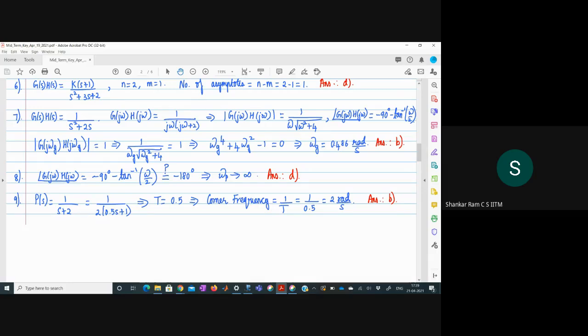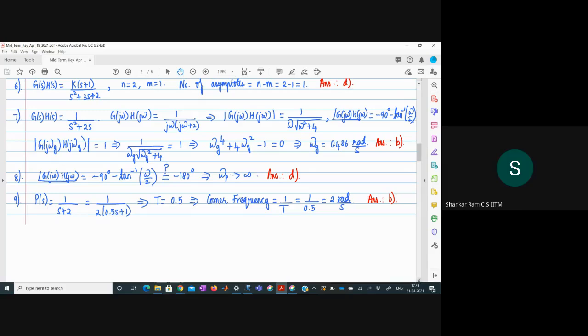Okay. Got it, sir. Yeah. Because 1 by 2 is only going to shift the entire magnitude curve down by 20 log. Exactly. So that was my question. Since my system is a combined system and the entire thing is getting shifted, I got my answer.